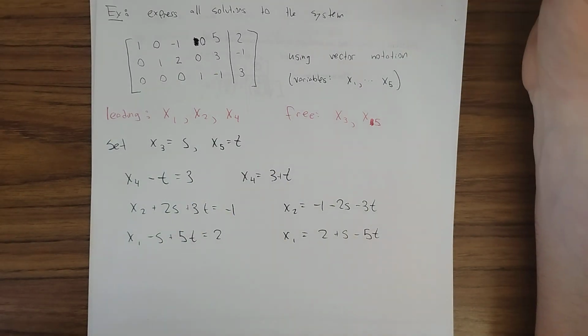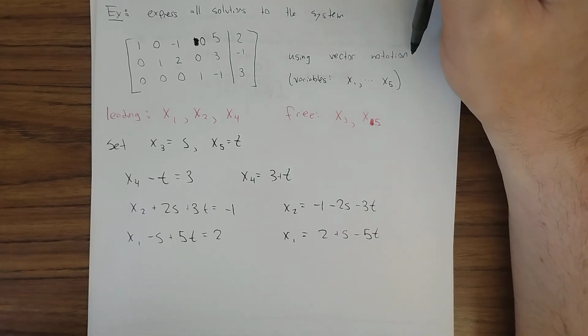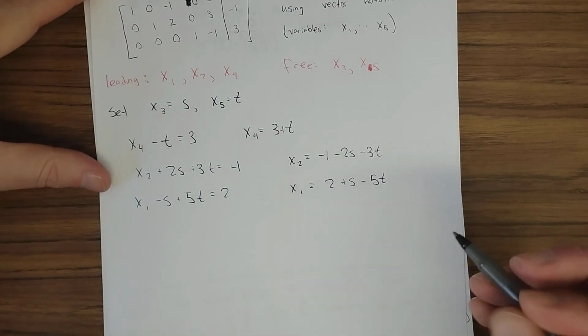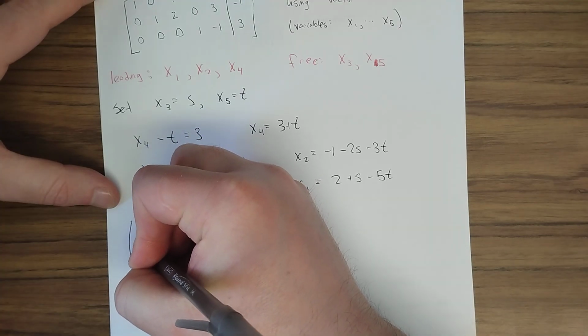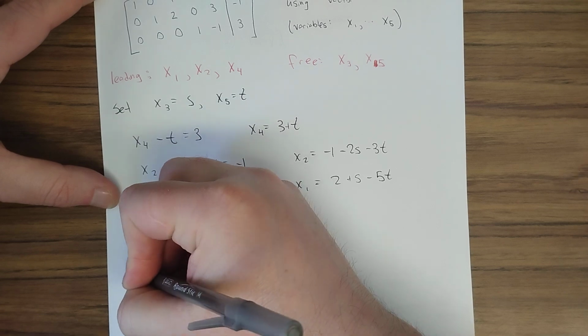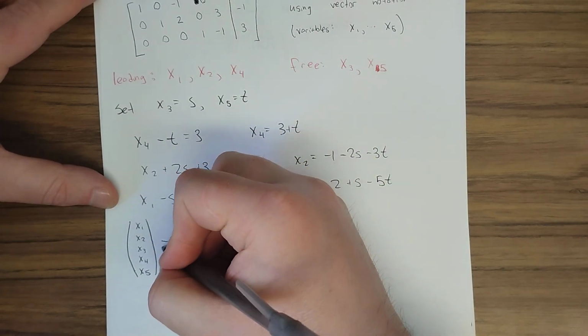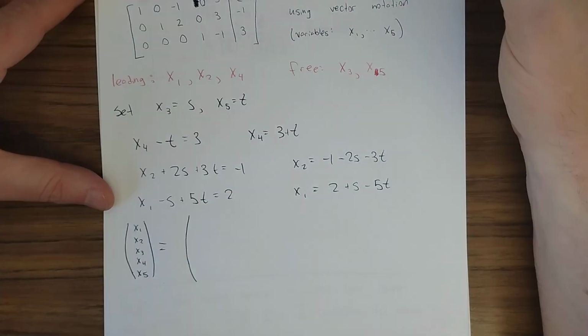Okay, so what do I mean by expressing all solutions using vector notation? Here I'll show you. Here is a vector. I'm writing it vertically. Let me write what I know.